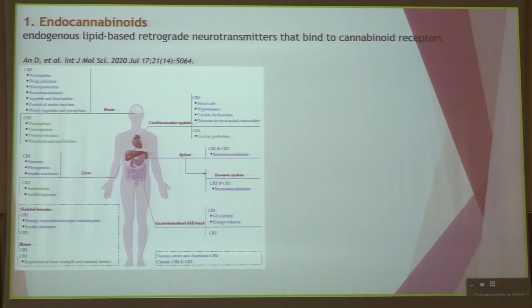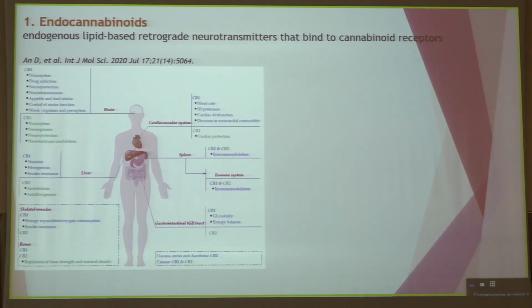We can start from the endocannabinoids that are endogenous neurotransmitters that bind to cannabinoid receptors, CB1 and CB2. CB1 and CB2 receptors are expressed in a lot of parts of our body, in the brain, where they can control the nociception, the neurogenesis. They are neuroprotectors.